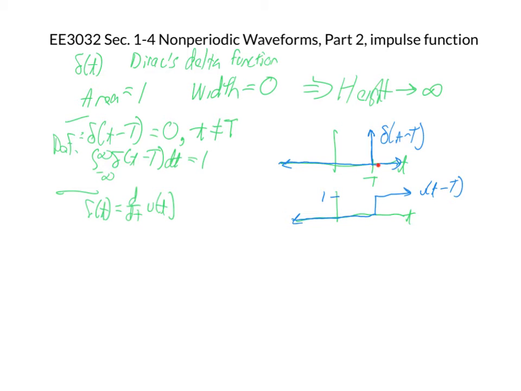But when I integrate over the impulse right there, I pick up area of 1. So the integral of that delta function gets area 1, and I get to the unit step. If I take the derivative of the unit step, then I get the delta function. So that's another useful property that comes up.